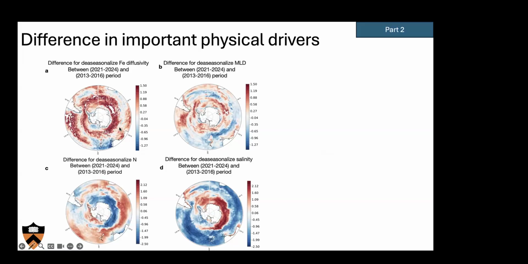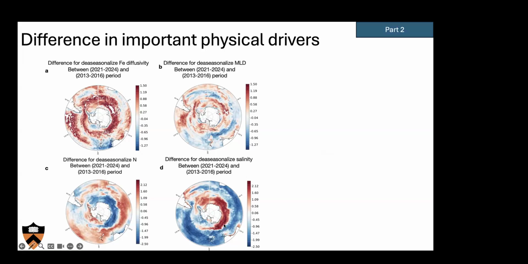Around this region here, you have a deepening of the mixed layer depths, and also here. And if you look at the buoyancy frequency and the salinity, salinity shows this great pattern here, very compatible with the advection of iron present in this region.